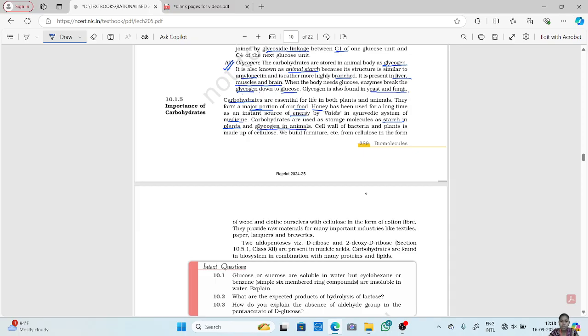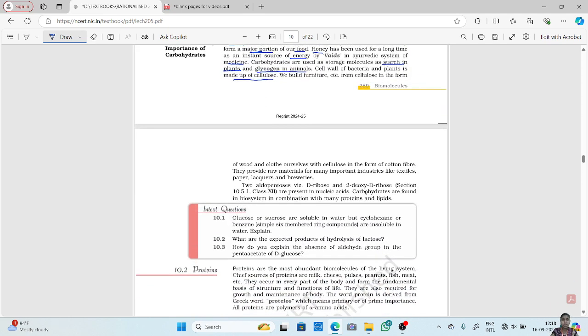Now the cell wall of bacteria and plants is made up of cellulose. We build furniture from cellulose in the form of wood, and clothe ourselves with cellulose in the form of cotton fibers.